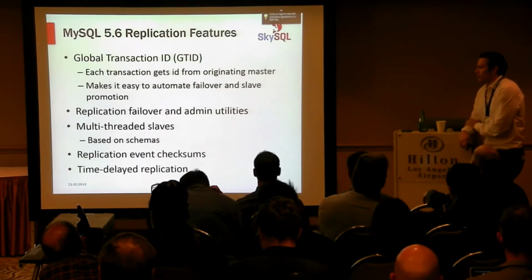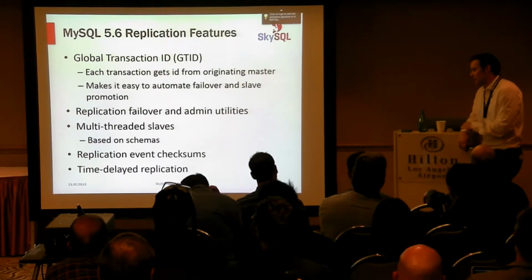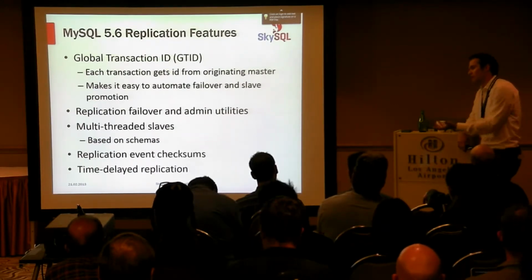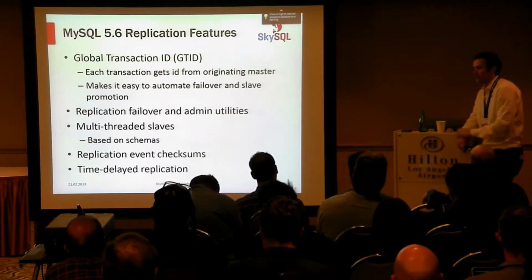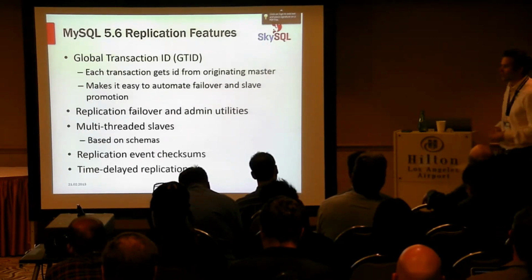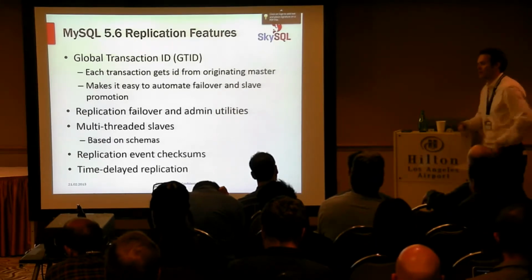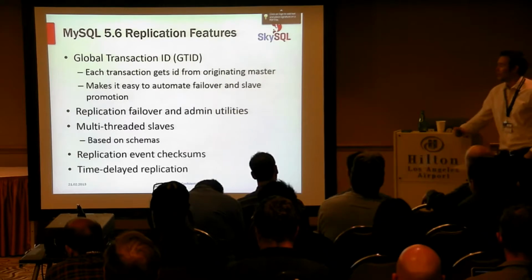So if you're using up your hardware well on your master, the problem is your slave cannot, because the slave process is single-threaded. So if on the master you're constantly using multiple cores, your slave will lag behind your master all the time because it can't use all its cores.